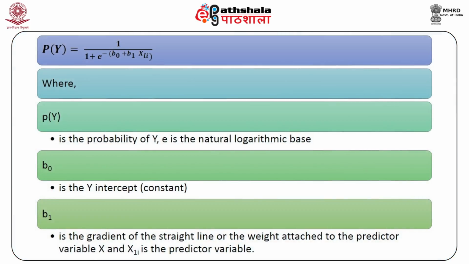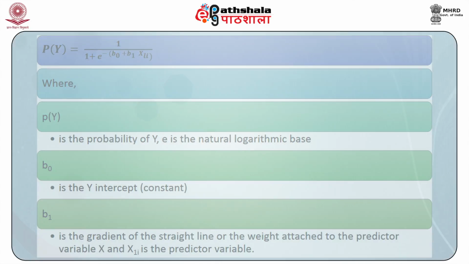The binary logistic regression equation is P(Y) = 1 / (1 + e^-(b0 + b1X1)), where P(Y) is the probability of Y, e is the natural logarithmic base, b0 is the y-intercept which is a constant, b1 is the gradient of the straight line or the weight attached to the predictor variable X, and X1 is the predictor variable.